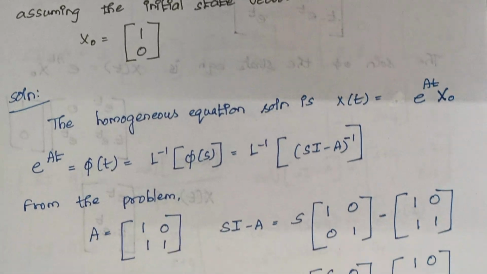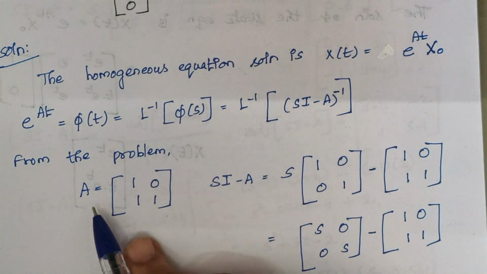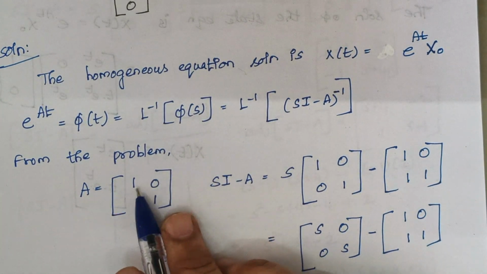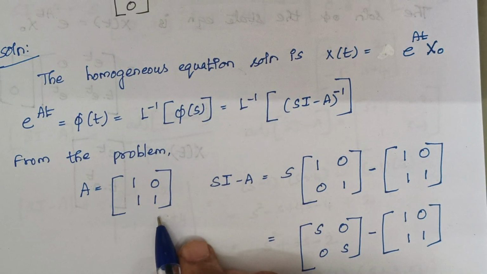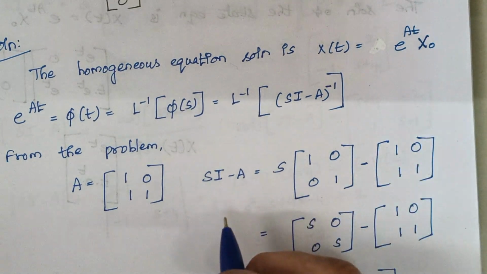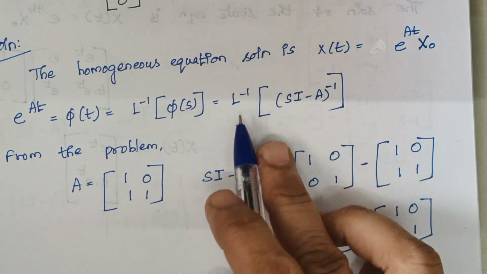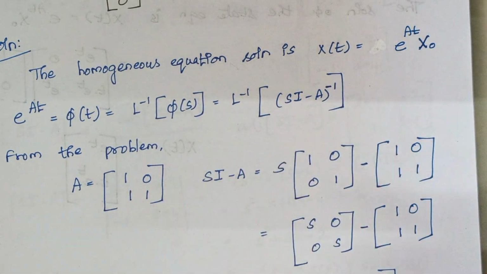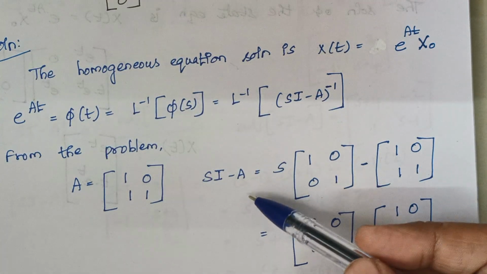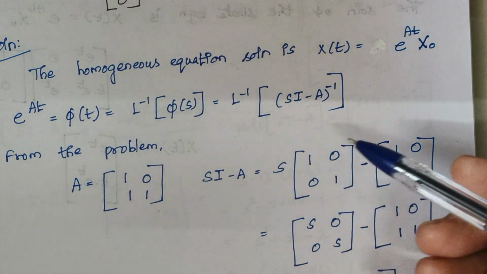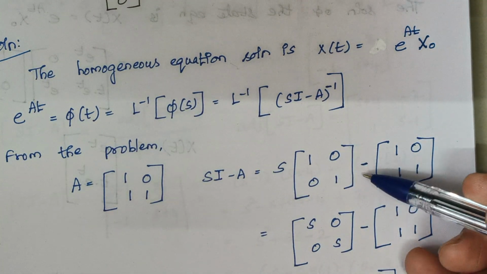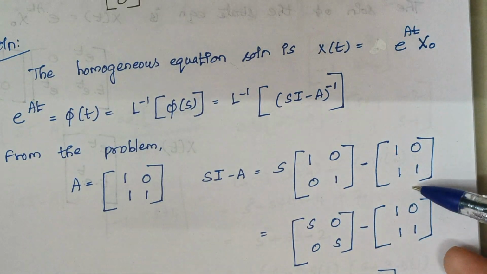A matrix is given by 1, 0, 1, 1. Okay, what do we actually need? We need (sI minus A) the whole inverse, and then we need the inverse Laplace of that. So sI minus A is given by s into the identity matrix minus A. This is your A matrix.